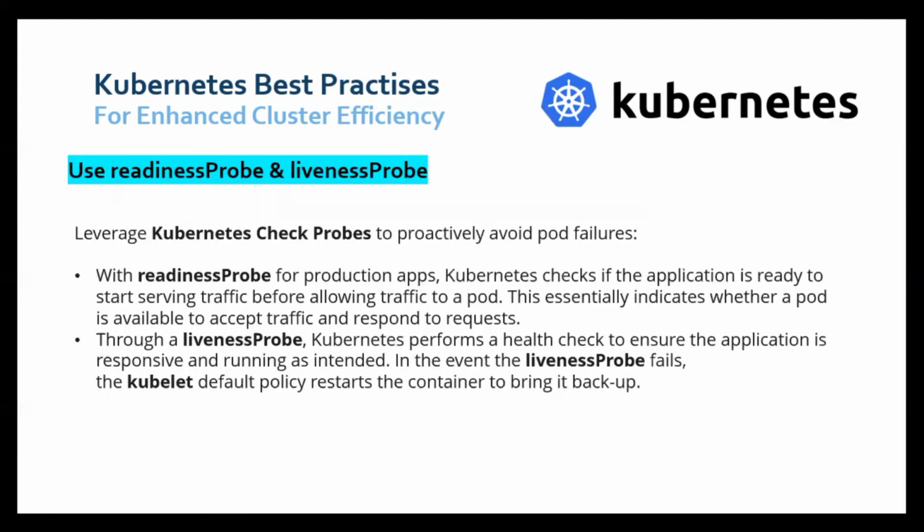The next one is again an important one, that is using a readiness probe and liveness probe. With a readiness probe for production apps, Kubernetes checks if the application is ready to start serving traffic before allowing traffic to the pod. This essentially indicates whether a pod is available to accept traffic and respond to requests. Let's take an example: there are two pods, and one pod is trying to communicate with another pod.